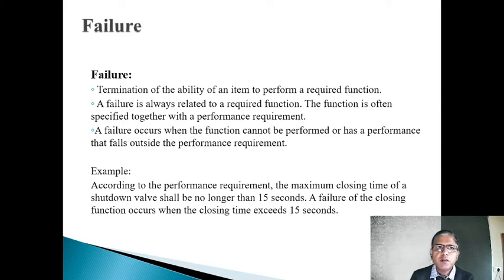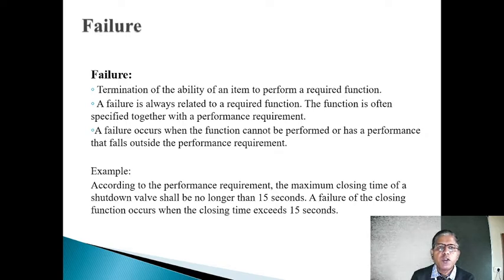So you can term it failure when the component is not performing in the range in which it is intended to perform. Not performing within the range of specification is also a failure. For example, according to the performance requirement, the maximum closing time of a shutdown valve shall be no longer than 15 seconds.